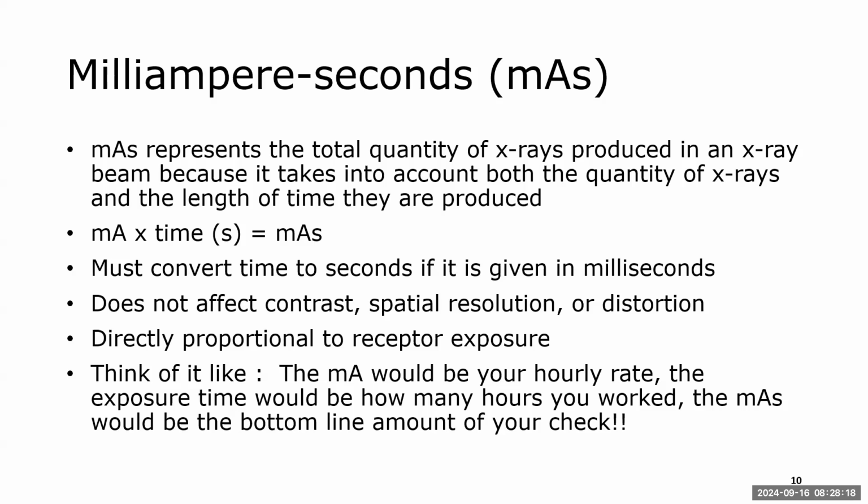So that's why we want to use mAs to control our receptor exposure. There are other things. We're going to learn that kVp affects it. We're going to learn that SID affects it. We're going to learn that whether or not you use a grid affects it. There's a whole lot of other things that affect receptor exposure, but mAs is the only one that doesn't affect anything else. So therefore, that's the easiest way to control receptor exposure, is to adjust the mAs.